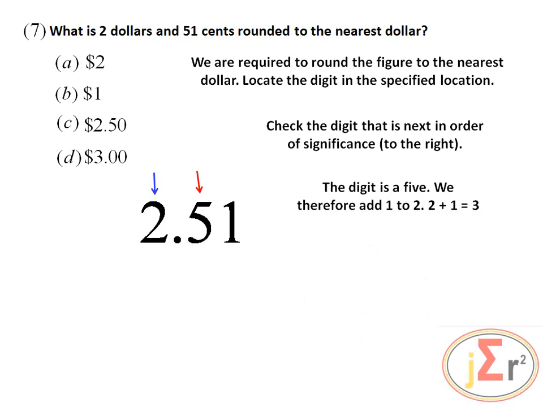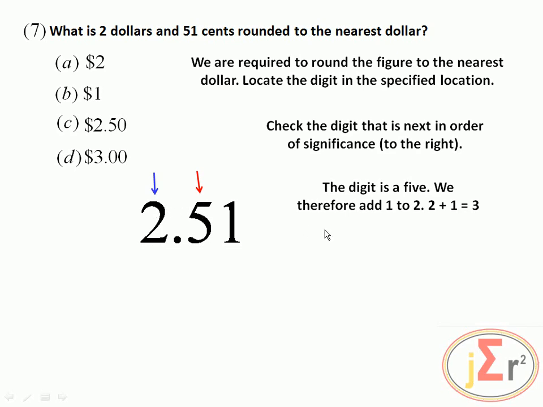Whenever the digit is 5 or more, we will add 1 to the digit that is in question. The digit that is in question is the digit that is representing the nearest dollar. The one next in significance, if it is 5 or more, we are going to add 1 to this one.